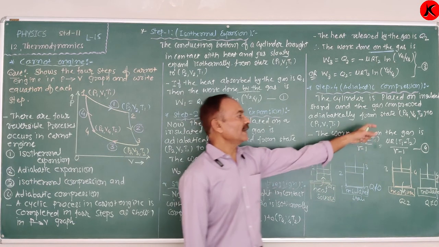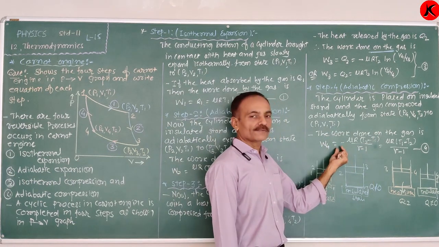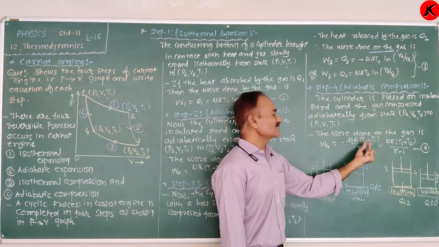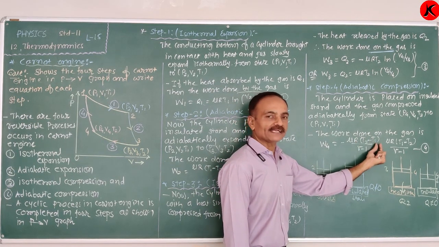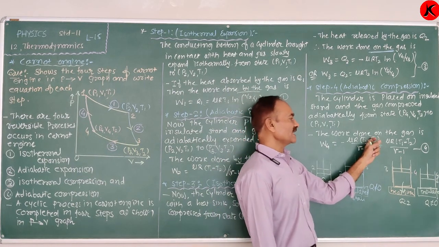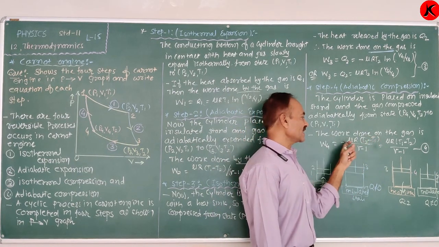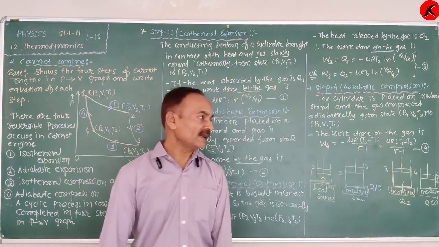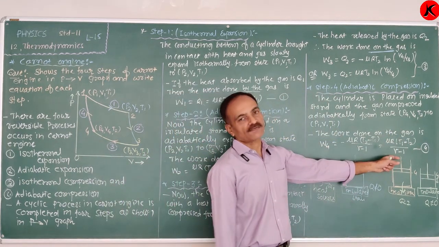But here the work is done on the gas, therefore negative: minus mu R, initial temperature T2 minus final temperature T1 upon gamma minus 1. Now the negative sign from the bracket is common, so negative becomes positive, therefore mu R into bracket T1 minus T2 upon gamma minus 1.